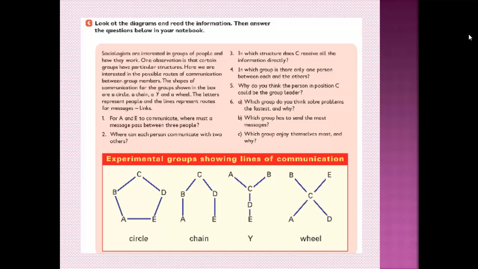Why do you think the person in position C could be the group leader? And number 6. Which group do you think solve problems the fastest and why? Which group has to send the most messages? And which group enjoy themselves most and why? So here we can see, my students, the circle group, the chain, the Y, and the wheel.